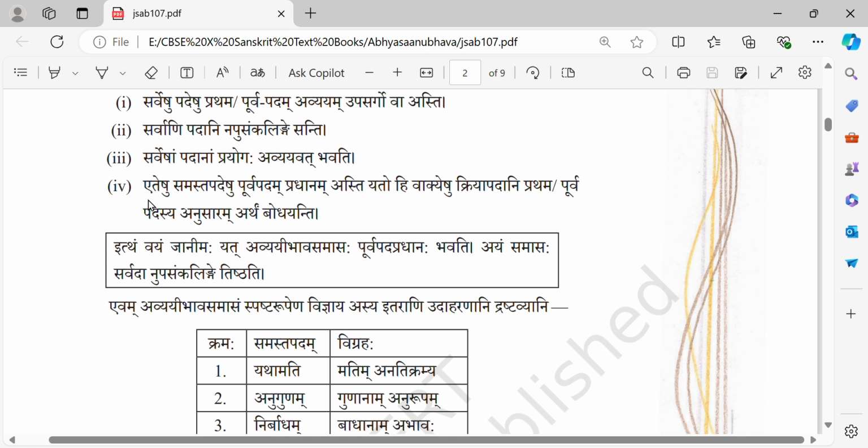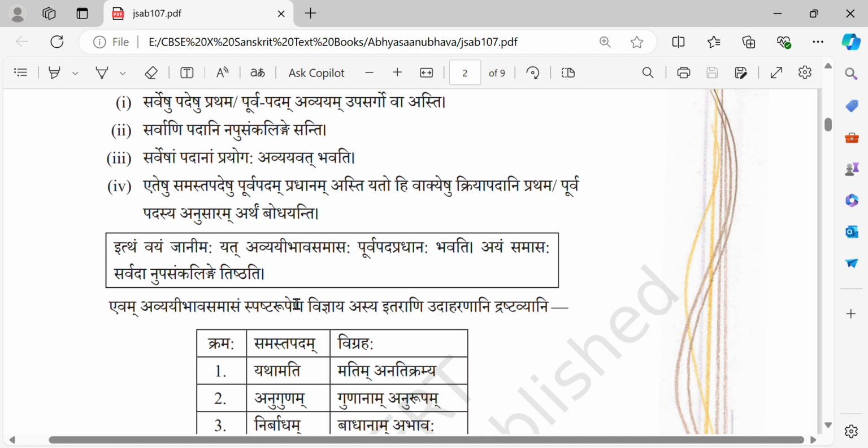एतेषु समस्तपदेषु पूर्वपदं प्रधानम् अस्ति यतो हि वाक्येषु क्रियापदानि प्रथमपूर्वपदस्य अनुसारम् अर्थं बोधयन्ति. In this avyayeebhava samasa, purvapada, that is the first word, is important. So we say purvapada pradhanartha avyayeebhava samasa. Sarvada napumsakalinge tishtati. The whole word will be in napumsakalinga.